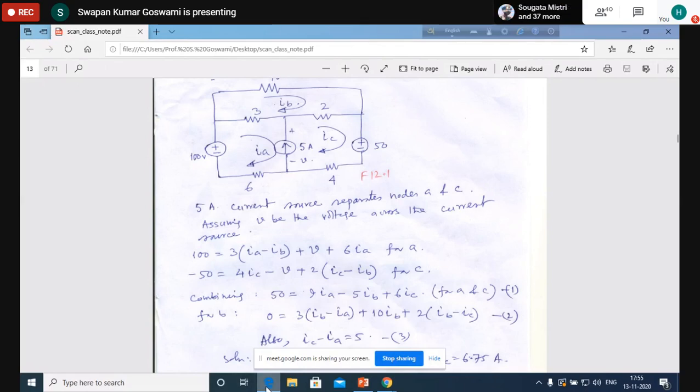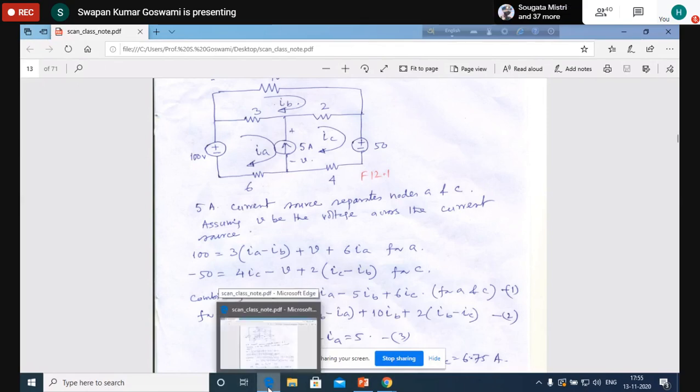Sometimes, for simplifying analysis, you may have to write a mesh equation including more than two meshes. You may write a nodal equation considering more than one node to be behaving as a single node. When we do that, it is the super node. When we include more than two meshes in a single mesh, it is the super mesh.